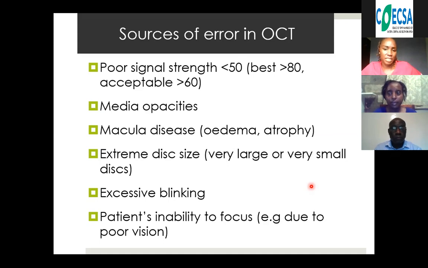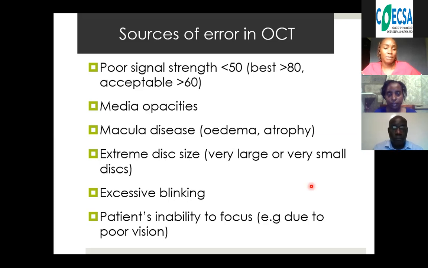All these are potential sources of error, and you cannot interpret your ganglion cell count accurately. Also, if you have extreme disc size, if it's very large beyond what they have in the database, or very small, at the other extreme end, you may not get a very accurate result.